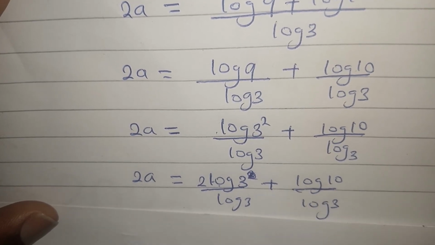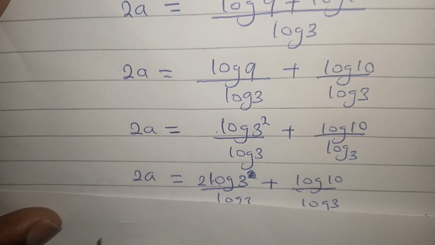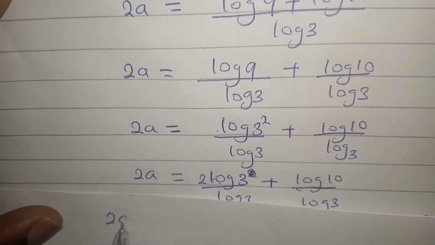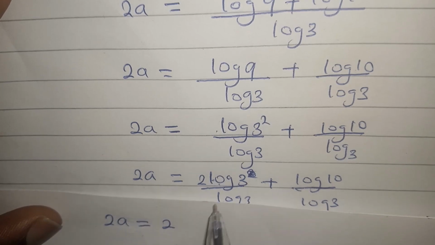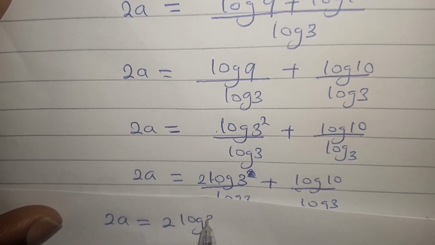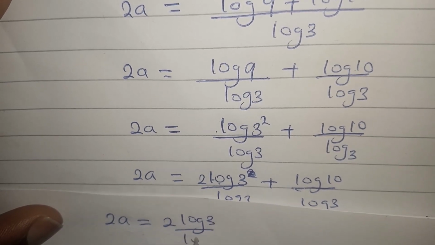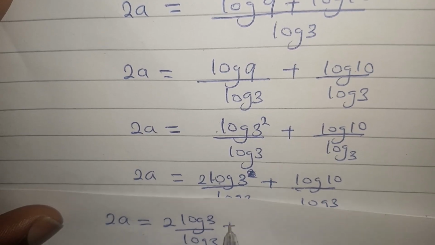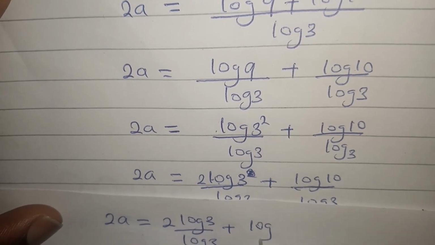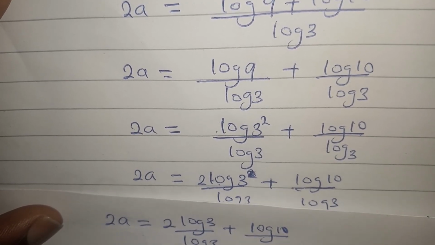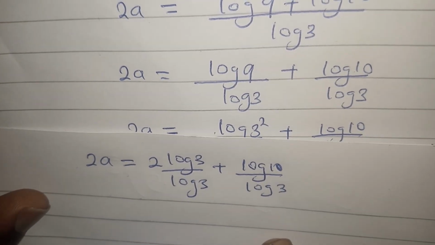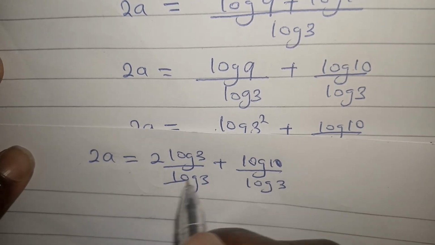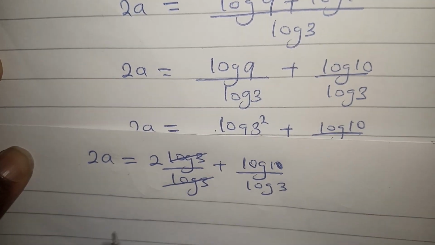Simplifying further, 2a equals 2 log 3 over log 3 plus log 10 over log 3. From here we can see that log 3 cancels with log 3. So what are we left with?